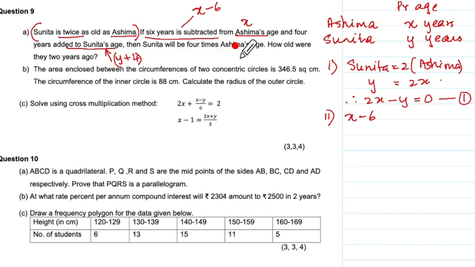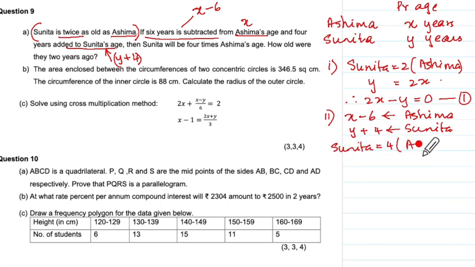Then Sunita will be 4 times Ashima's age. So Sunita's age in the second case will be y plus 4, and this will be 4 times Ashima, which means y plus 4 equals 4 times x minus 6.